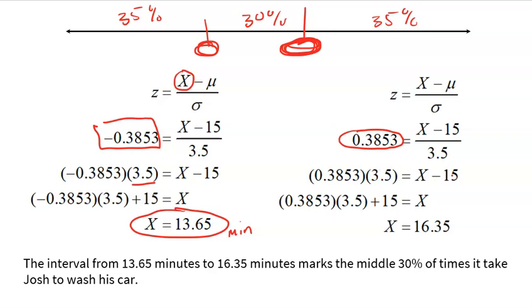Multiply over the 3.5, add the 15, and solve, and you get 16.35 at the top, and that's in minutes. So the interval from 13.65 minutes to 16.35 minutes is the middle 30% of time it takes Josh to wash a car. So there's a 30% probability that it'll take Josh somewhere between 13.65 and 16.35 minutes to wash his car. Okay, that's a pretty good problem.